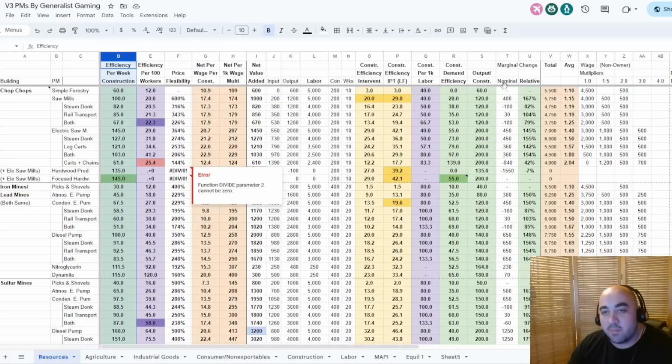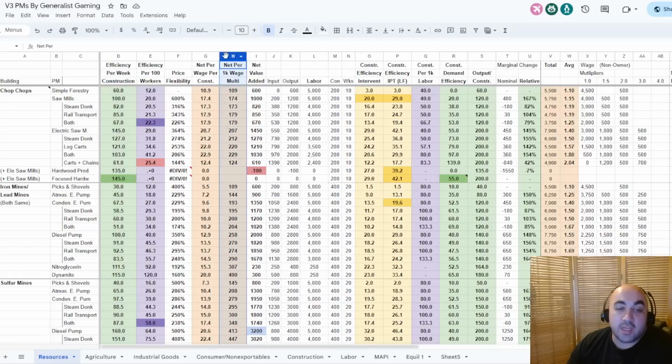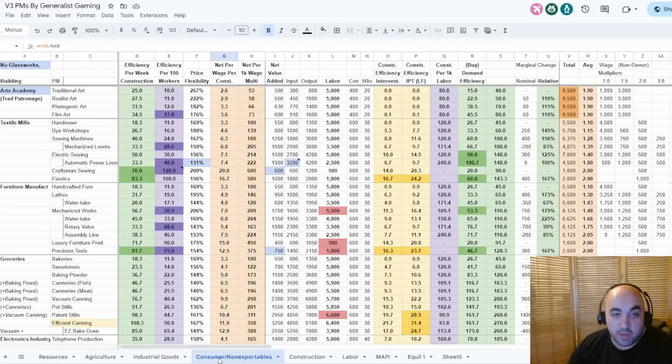But you also want to keep in mind that the wage multiplier matters. As an addendum, if something has a really, really low score in net per wage multi, then this is almost certainly something you want to build locally, at home, if at all.